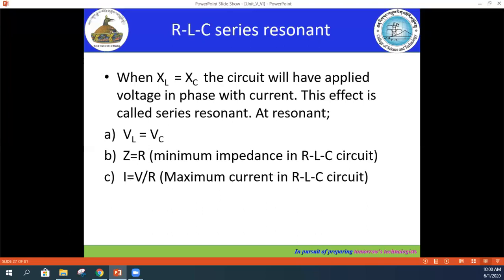So these are the three properties during the resonant: VL is equal to VC, and then Z is equal to R, and then I will be maximum. And VL is equal to VC is the same as our supplied voltage VR and the current IR being in phase.